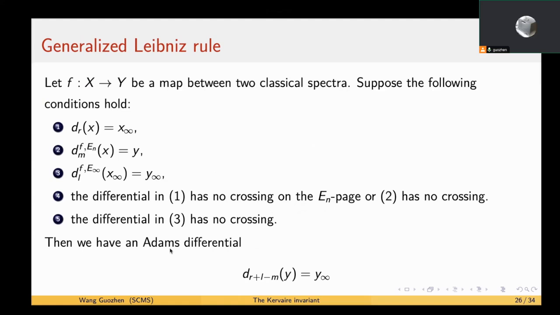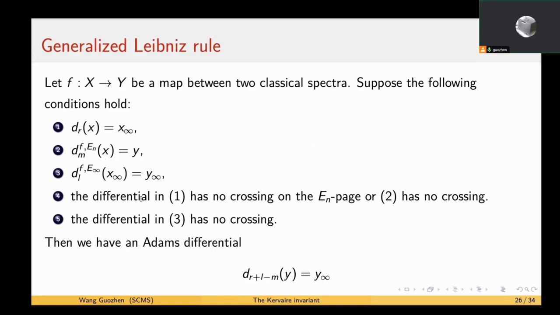Now we can state our generalized Leibniz rule. Let F be a map between two classical spectra. Suppose the following conditions hold. First, we require that there is a dr differential from x to some x infinity, and we suppose there is a FEN extension from x to y, and we also suppose there is a FE infinity extension from x infinity to y infinity.